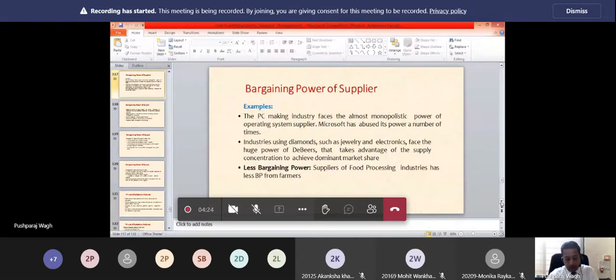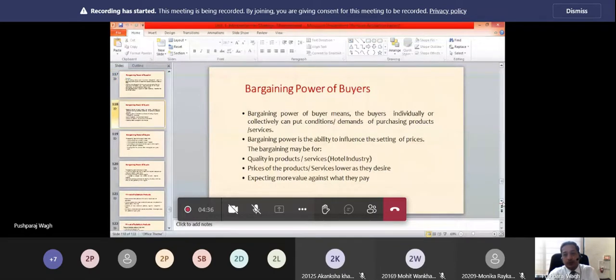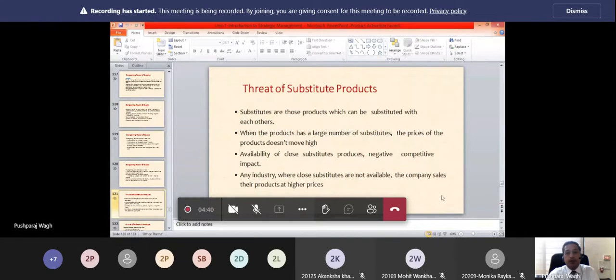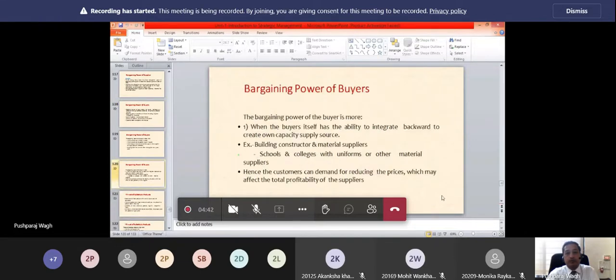When that supplier is at an end where he has some bargaining power, that we have discussed. Few examples we took, as well as we discussed the bargaining power of buyers also with few examples. Also, we discussed when that bargaining power is more.